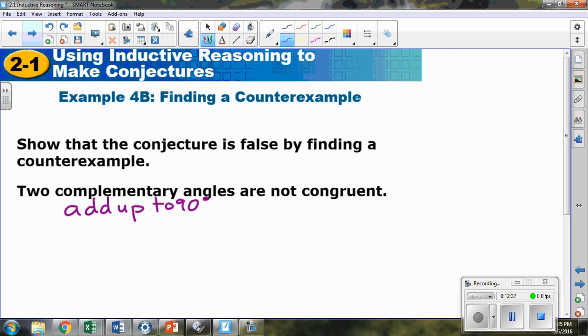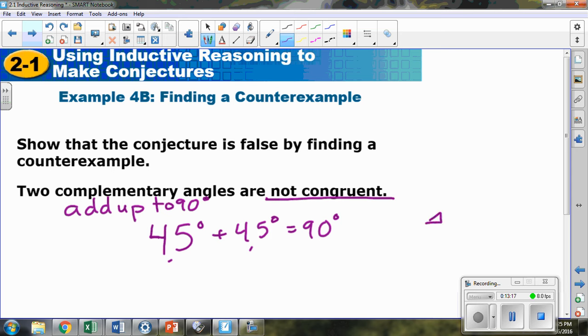So can we come up with two angles that add up to 90 degrees, and this one says they're always not congruent. Can we find angles that are congruent and they add up to 90? What angle would do it? Some students are telling me a 45-degree angle would do it. 45 plus 45 will equal 90. So they're complementary. They're both 45, so they're congruent. Here's a number that would provide our counterexample.